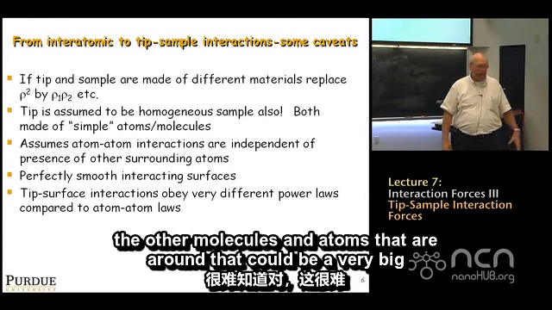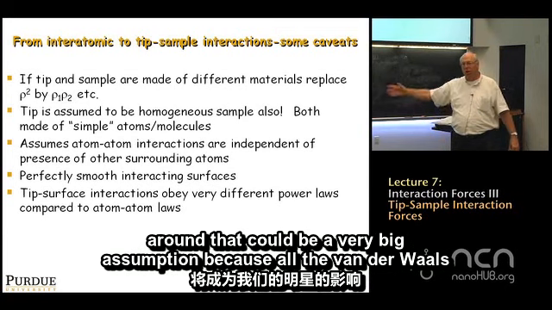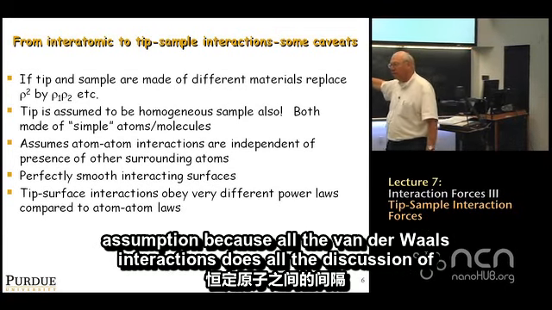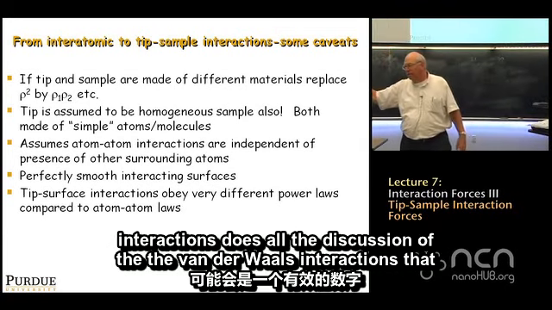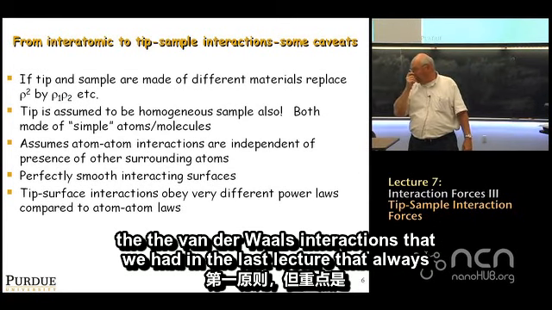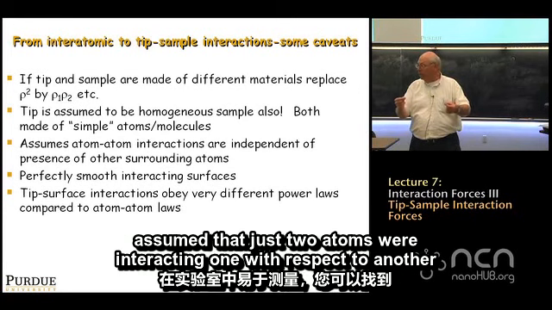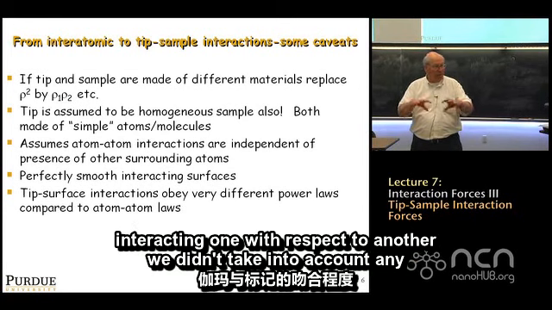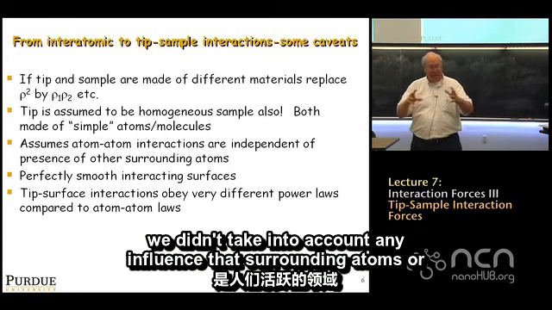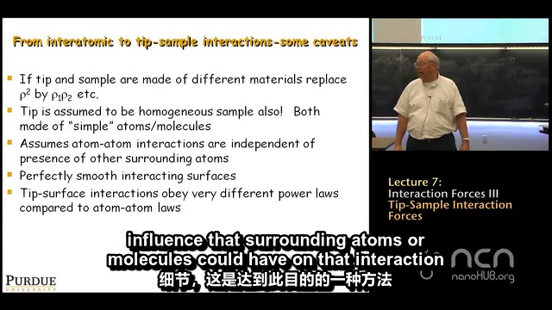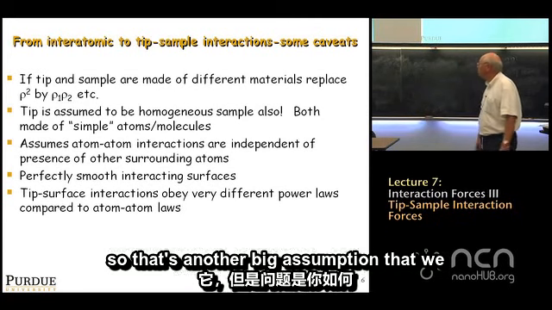That could be a very big assumption, because all the discussion of the van der Waals interactions that we had in the last lecture always assumed that just two atoms were interacting with respect to one another. We didn't take into account any influence that surrounding atoms or molecules could have on that interaction. So that's another big assumption that we made, right?